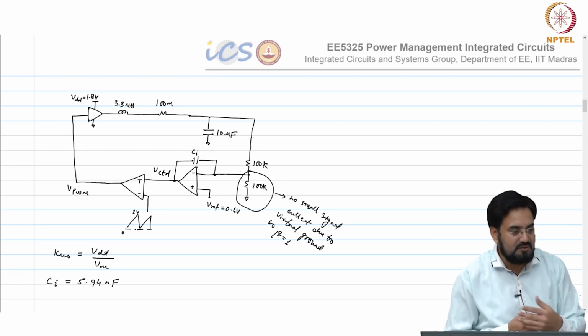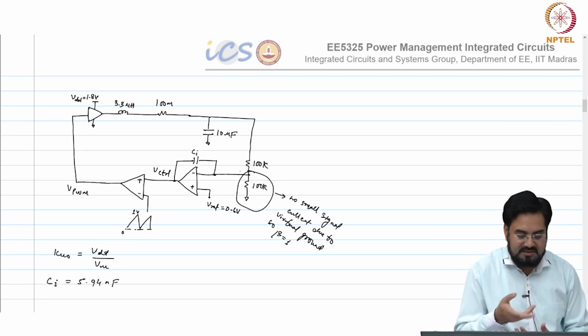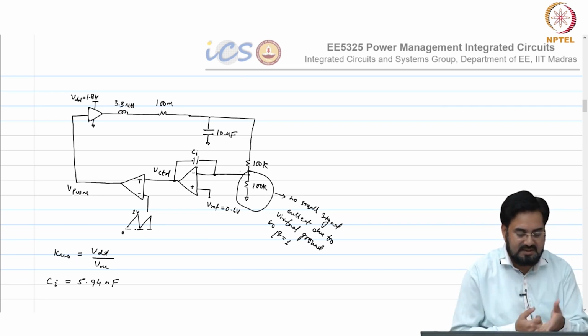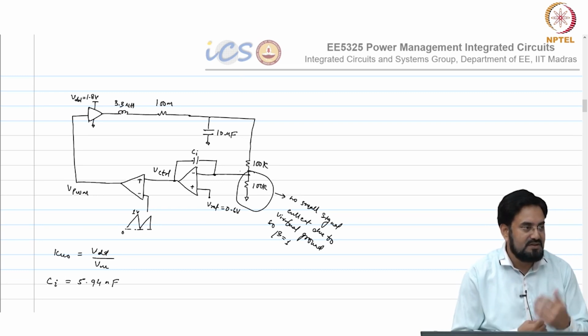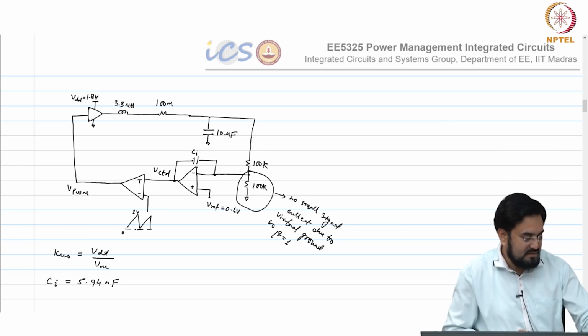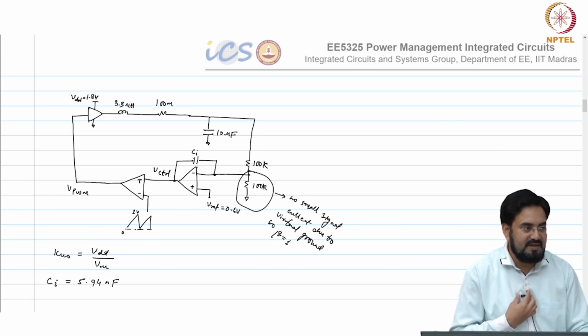Everything will pass through your loop, and this LC will not be able to filter. If it is, let us say, of the order of megahertz, then the LC bandwidth is very low, it will filter, but if it is of the order of kilohertz, then you can see that noise in the output. So, your loop will pick it up and your output will be very noisy, okay.